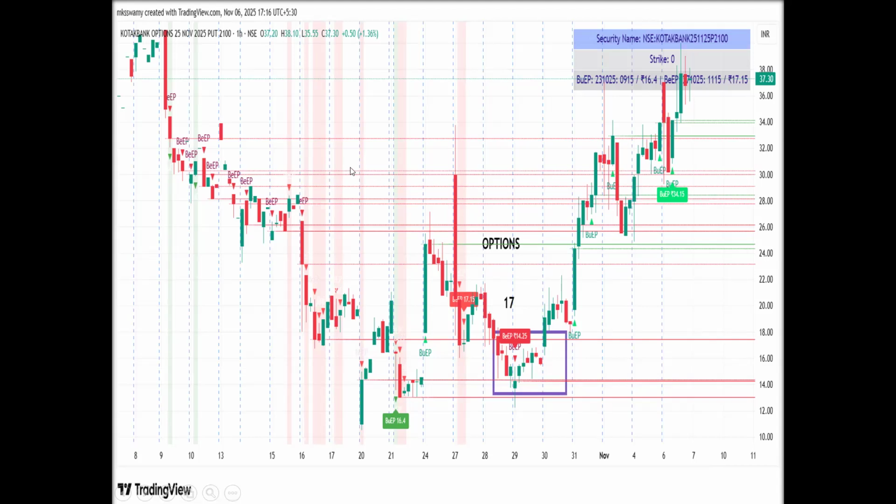On the chart of the put option, by seeing the reflection on the underlying, you could have taken a position in the put option that was trading around 17, and it went up by more than 40 rupees. You could have been in this game with clarity and conviction.